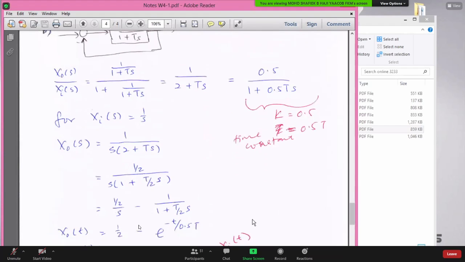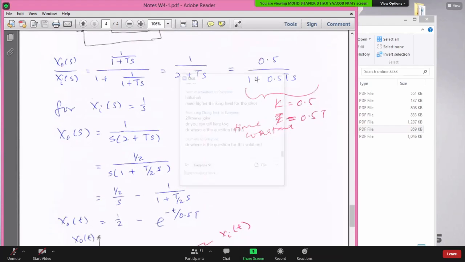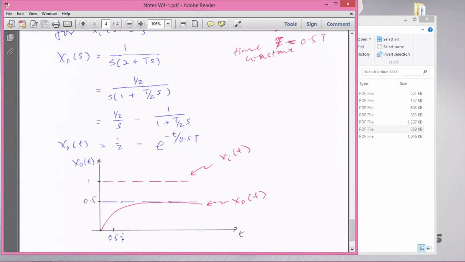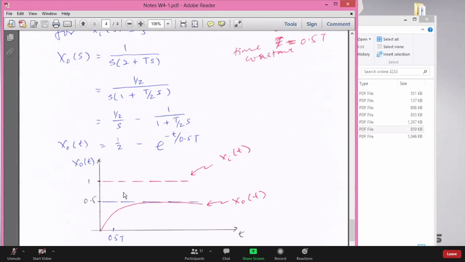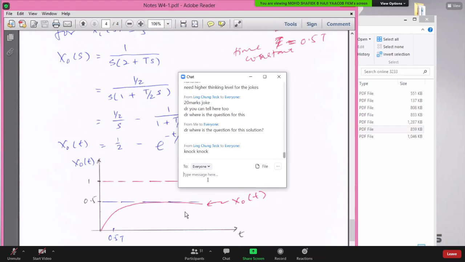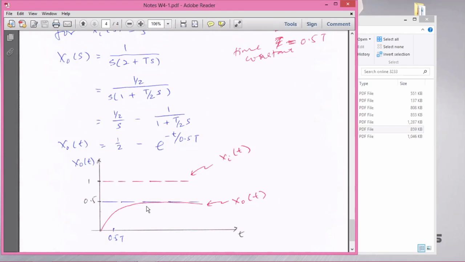You can perform the partial fraction, get the solution, and draw your response, and you can see that the final value is just 1/2, not 1. This is called the steady state error, since it is not exactly equal to the input.